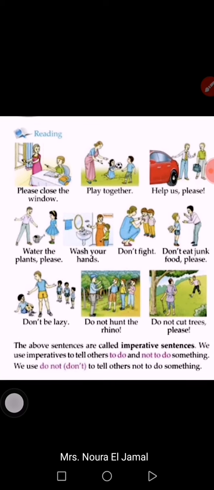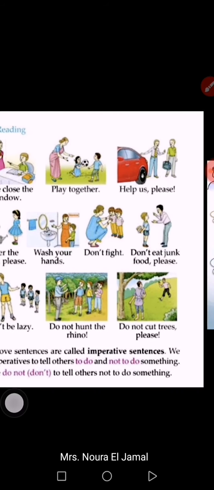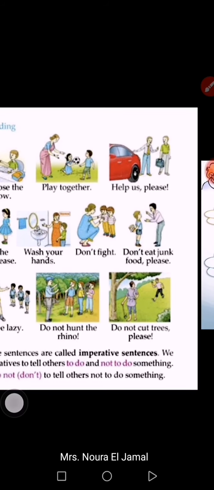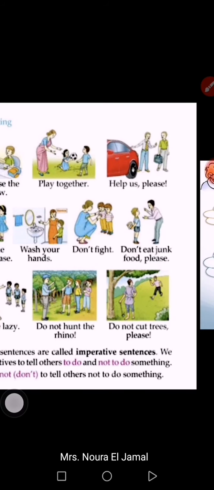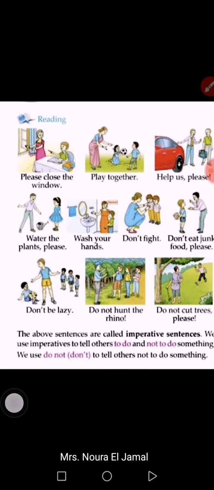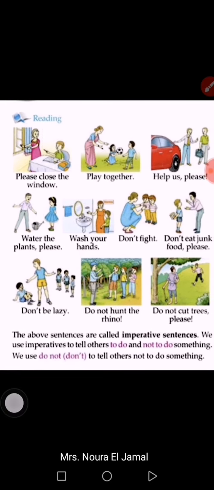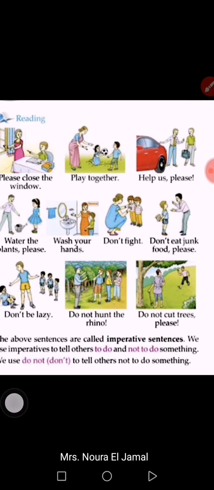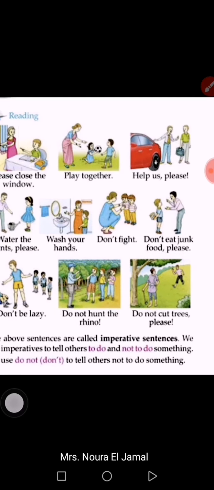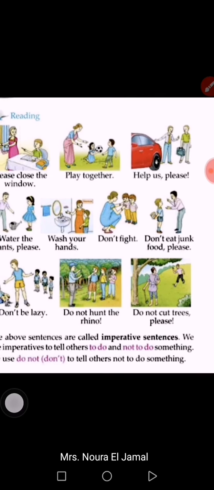Water the plants, please. Wash your hands. Don't fight. Don't eat junk food, please. Don't be lazy. Don't hunt the rhino. Don't cut trees, please.